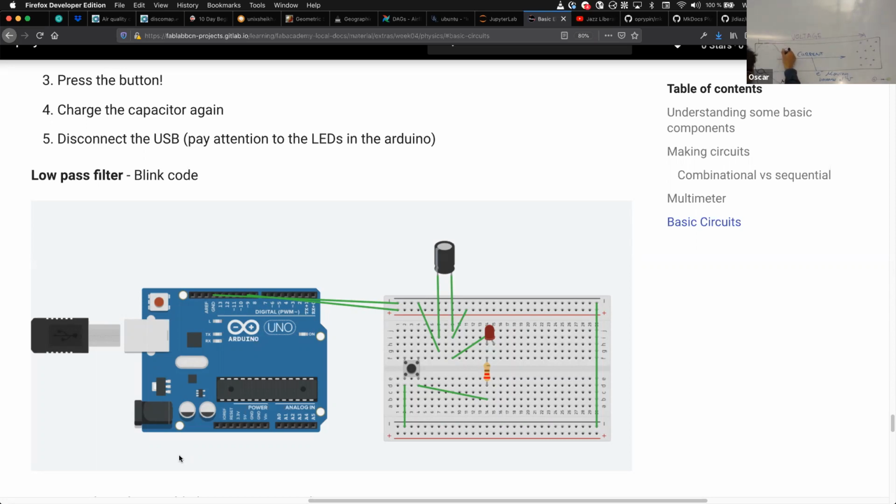The effect of this is what we call resistance. And the more resistance that we have, do we have more or less current? Less current. And if we have less resistance, more current.